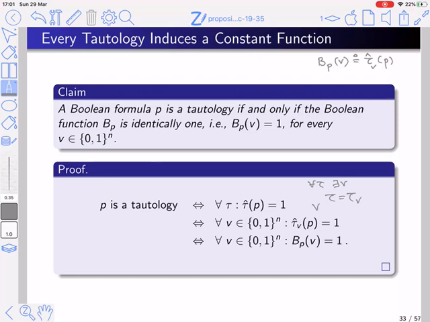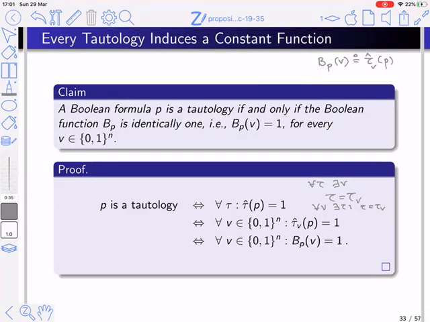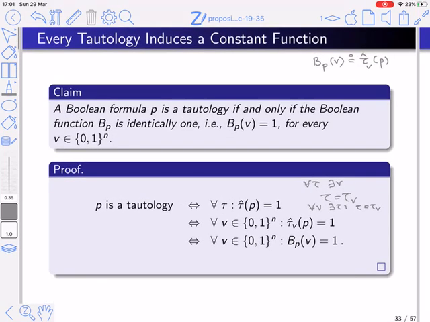And for every v, there exists a tau such that, again, tau equals tau of v. And this is true because tau of v is an assignment. And if you want to know what is the binary vector that corresponds to tau, then you just take tau of x1, tau of x2, tau of x3, and so on. Good.